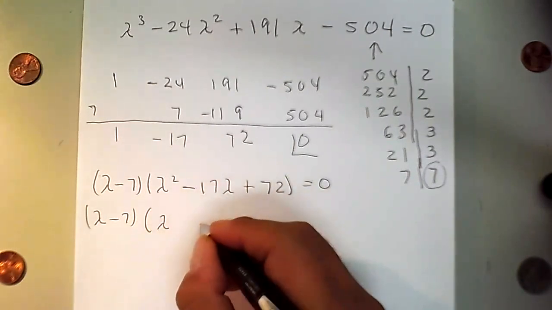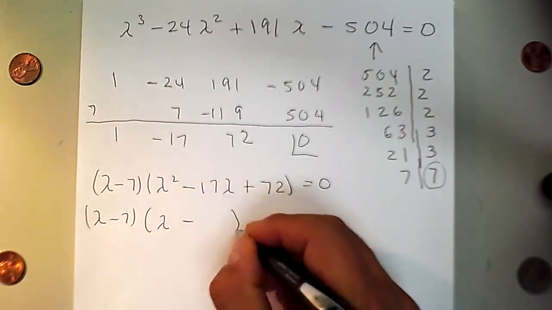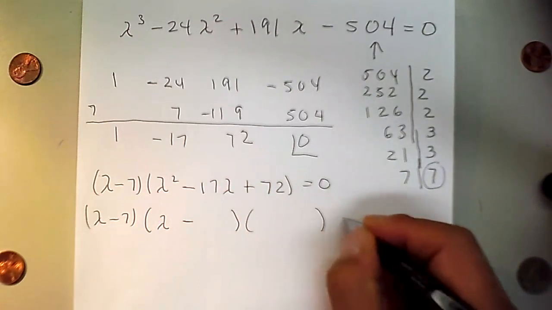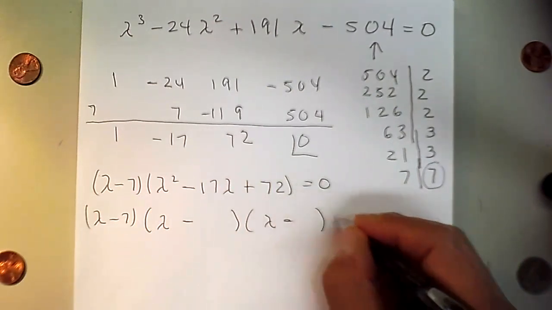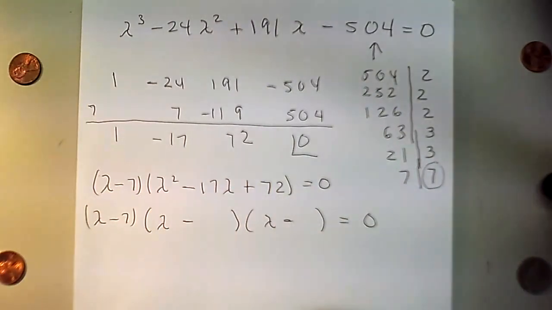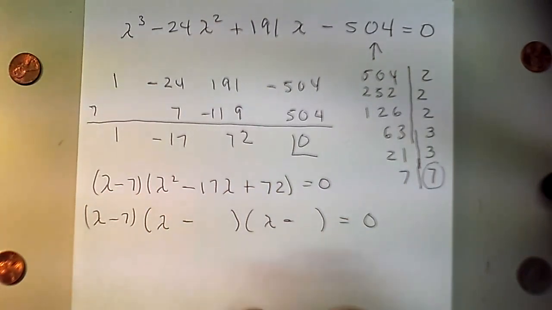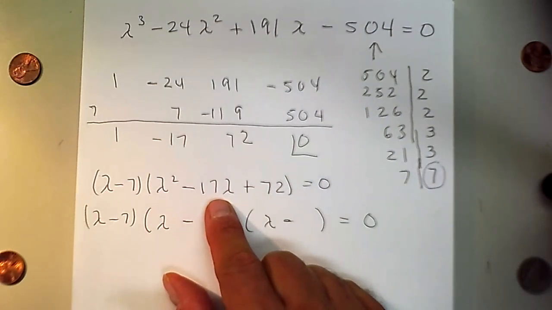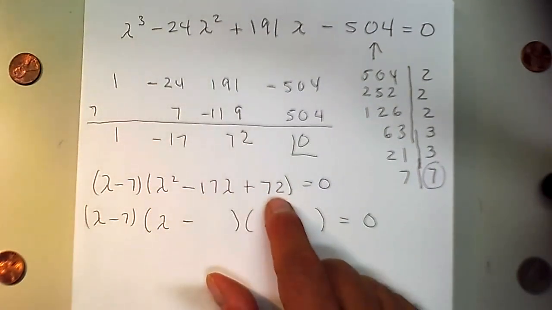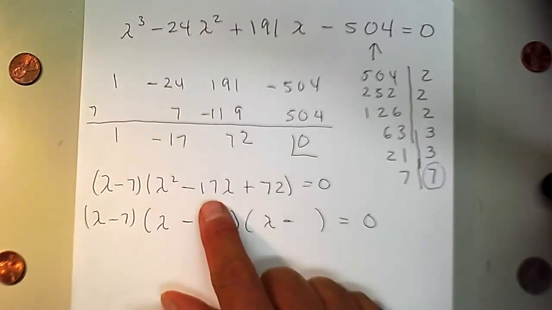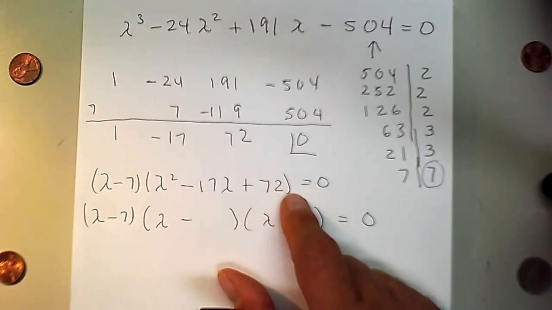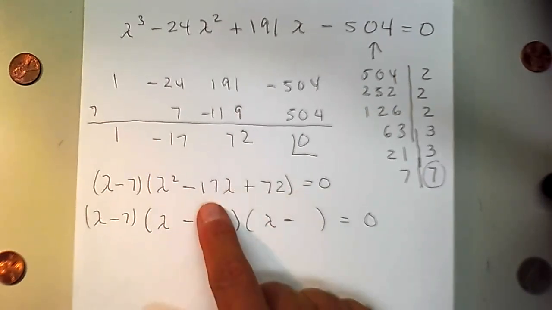But I think we can factor this. What two numbers multiply to 72? Let's see, 72 could be 36 times 2, but that doesn't give us that. What else? 18 times 4. Nope, that doesn't give us that. 9 times 8.